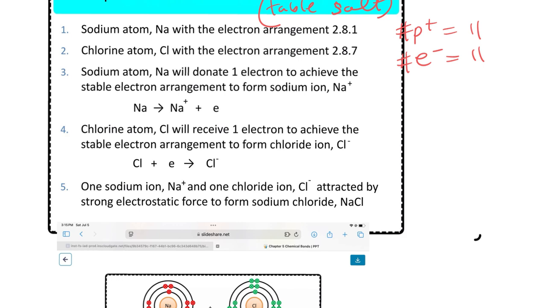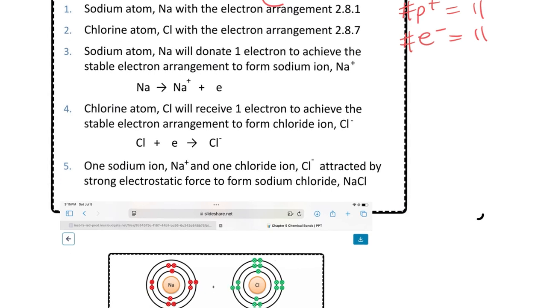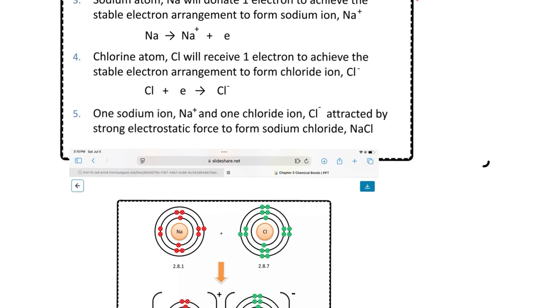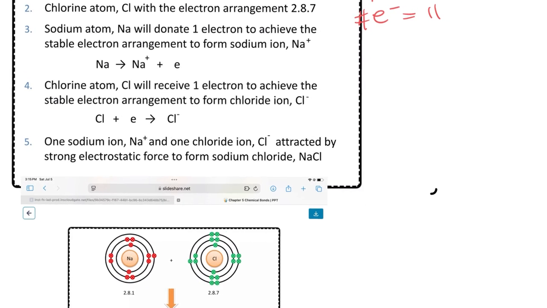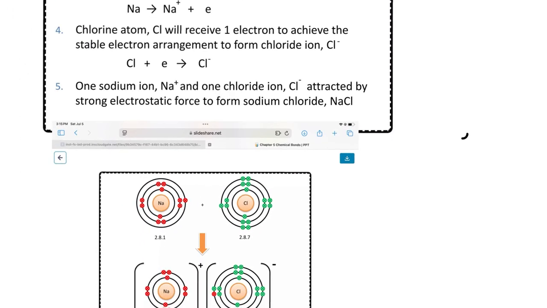It's in the third period, so there's 3 shells. Look at the picture so I don't have to draw it. There's the first shell, the second shell, and third shell in sodium. Now that's what they mean by this 2 8 1. So 2 plus 8 plus 1 is 11. So that's 11 electrons. And they're spread out with 2 in the first shell, 8 in the second shell. And that leaves a 1 in the outer shell.